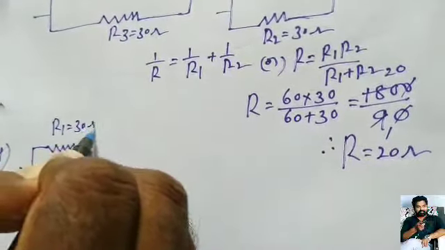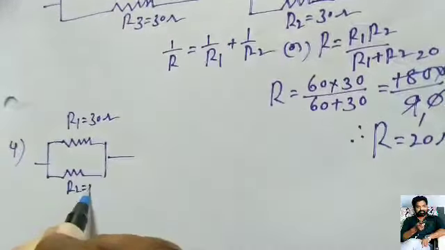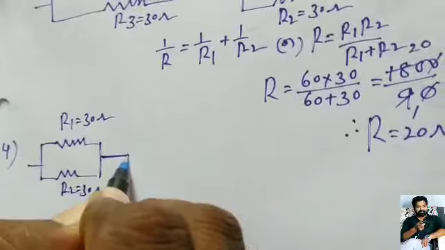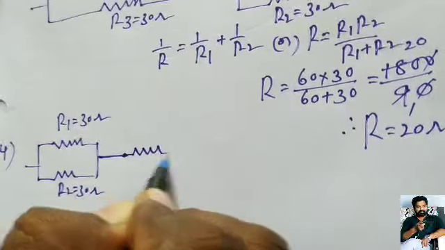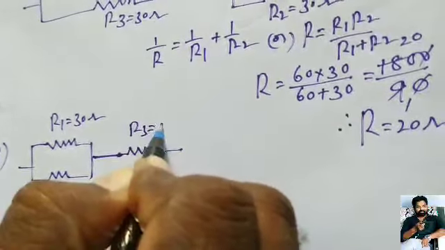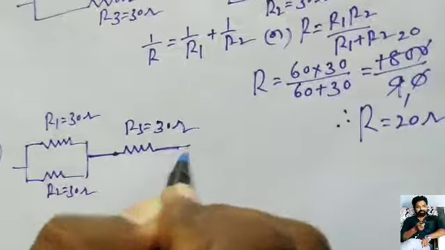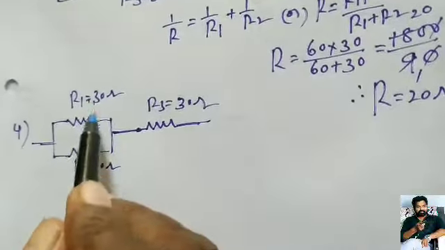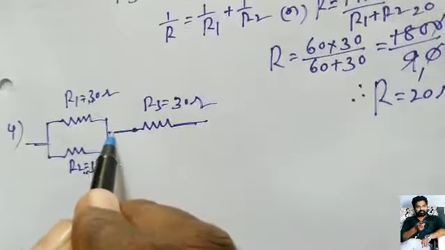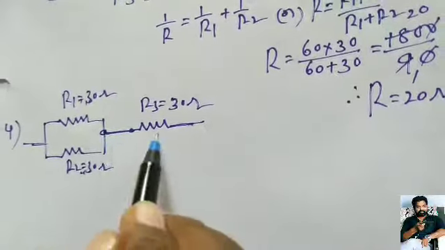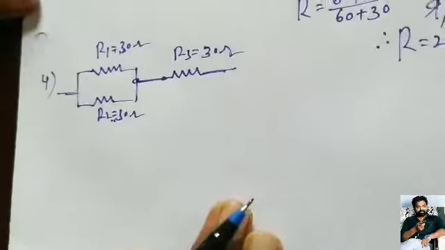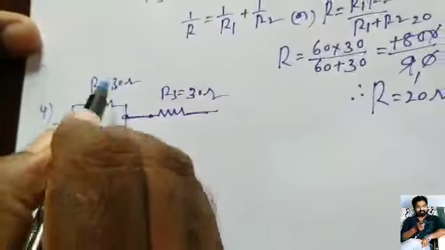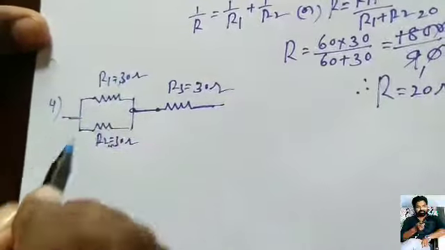R1 is 30 ohms, R2 is 30 ohms, and another one, R3, is 30 ohms. Out of three resistors, these two are parallel with each other and the third resistor is connected in series to them.